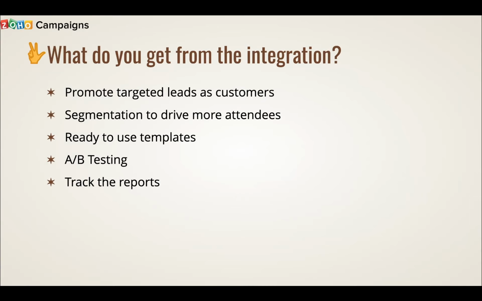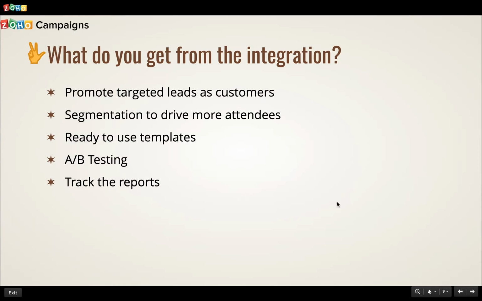Also, you can conduct A/B testing for your webinar email promotions by altering the subject line, the email content, or the sender details to track the open rates and decide the best for your registrants or attendees. And last but not the least, you can track the reports of the emails sent, the number of registrants, the number of attendees, etc. in your Zoho Campaigns account to improve your email marketing the next time.